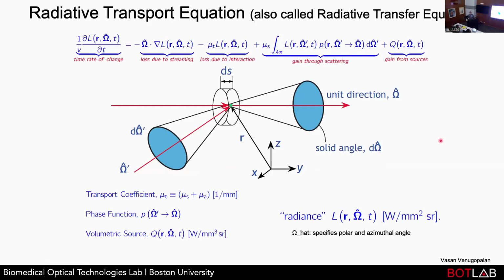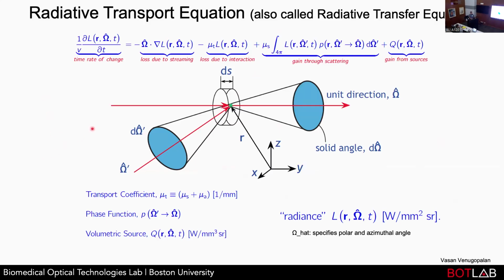Now, Vossen showed you this slide, I believe, last week. I don't know if people remember it. I'm not going to go through the RTE, radiative transport equation, also called the radiative transfer equation, or the Boltzmann transport equation. There are many names, but it's a bookkeeping equation.